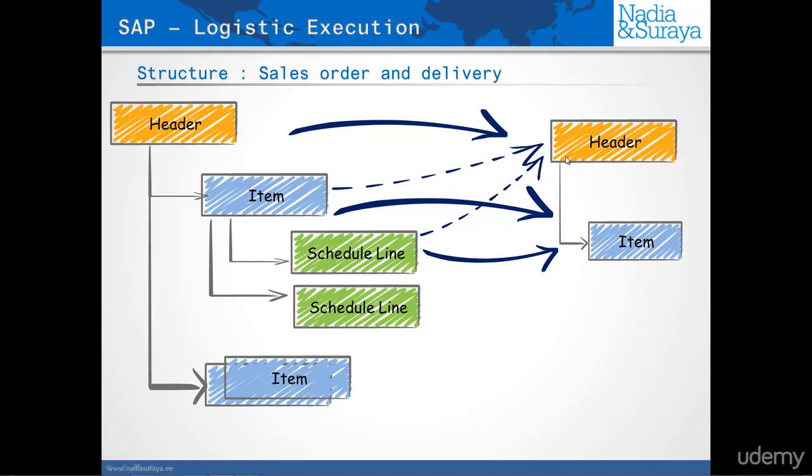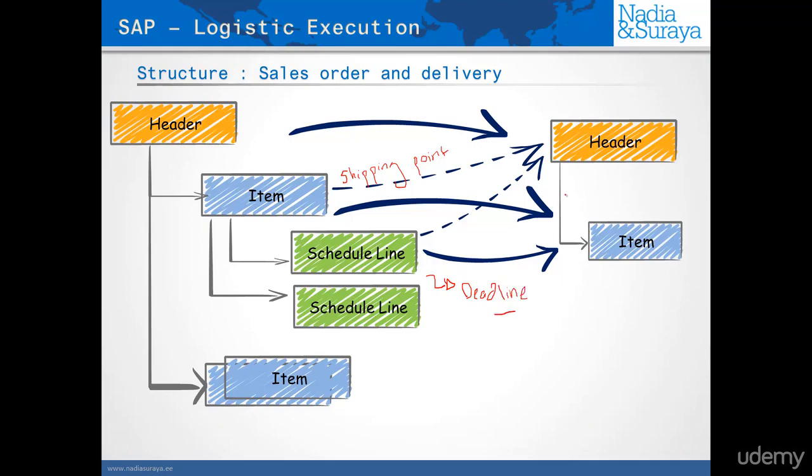Okay, but also we have item values that are copied to the header of the delivery, and also schedule line values that are copied onto the header. So why are items copied over? For example, the shipping point is copied from the item level into the header level of the delivery, and it's a way of grouping particular items together in one delivery header.